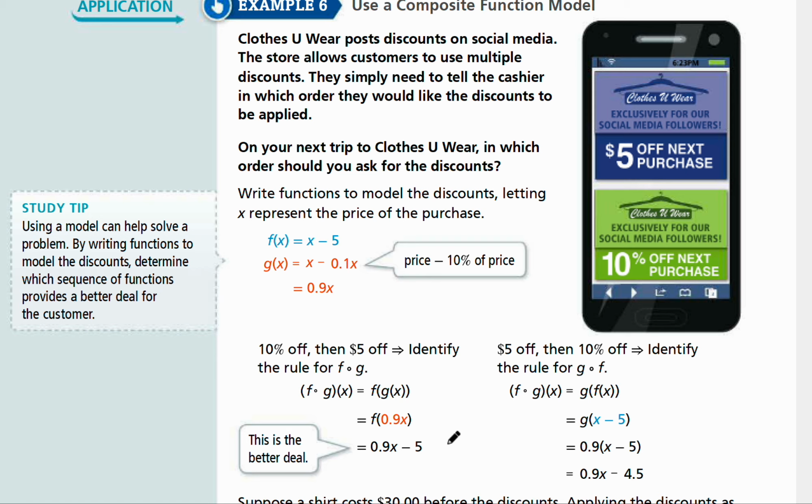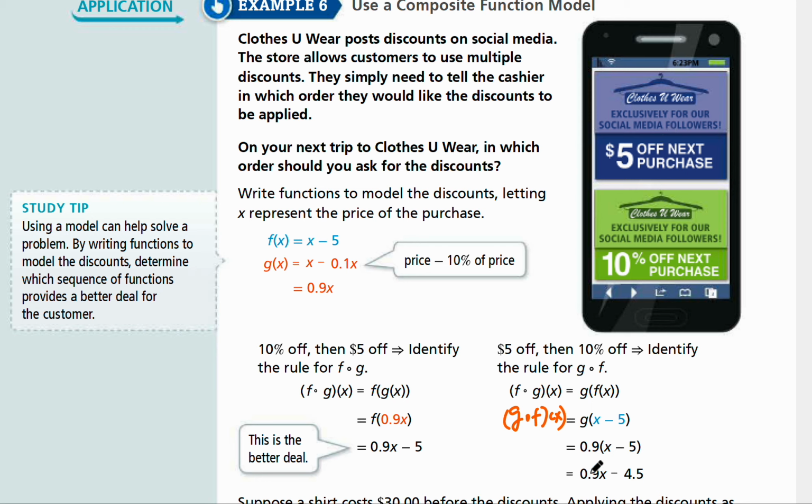So yeah, I think there's a typo for this one. This should be g of f. Yeah, so g of f would be $5 off and then the 10%.